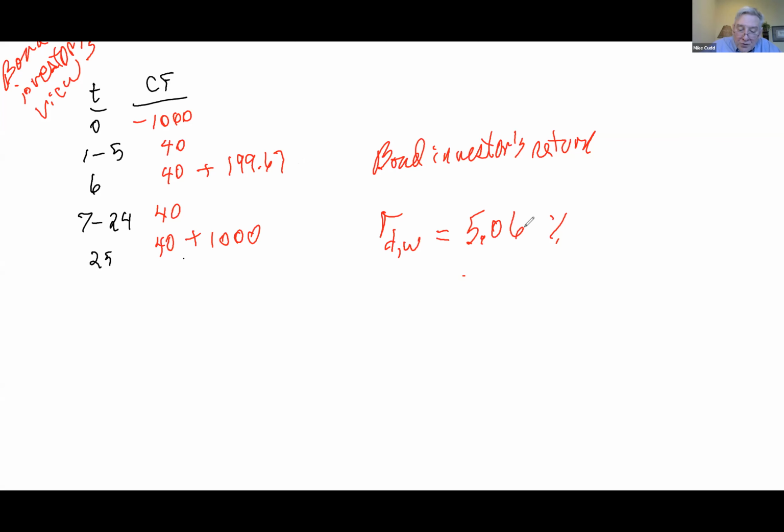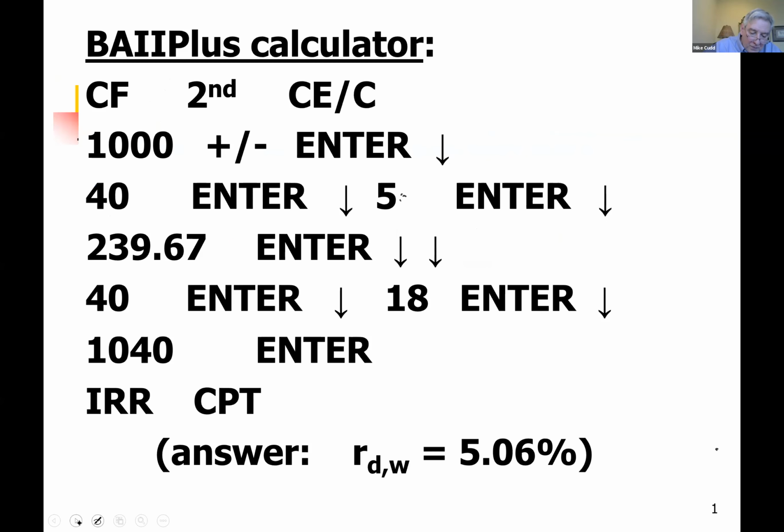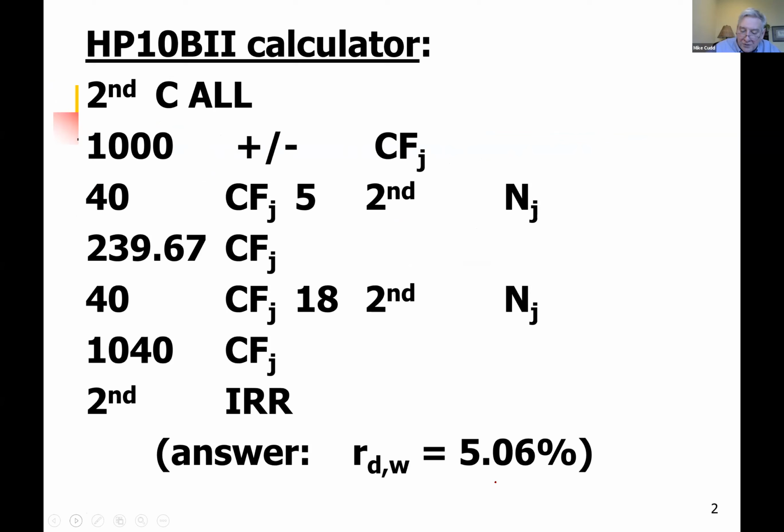If you were to do this with your calculator, these are the keystrokes, with the BA2 Plus or with the HP 10B2, whichever calculator you're using.